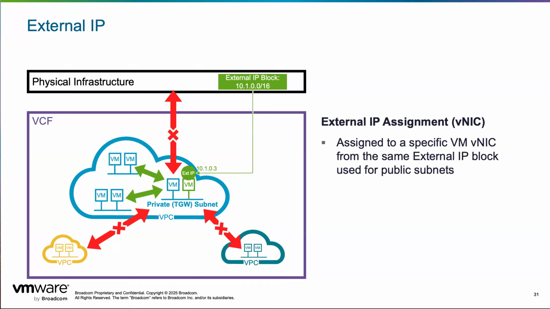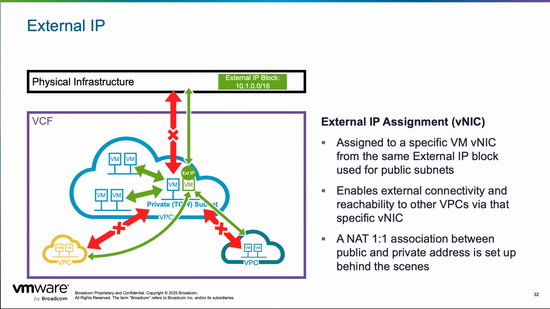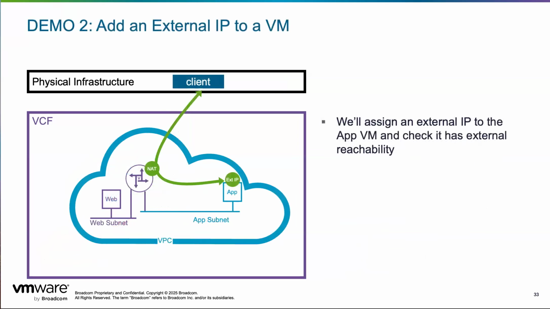Once we do that, there is a specific operation that I'm going to show you later. This virtual machine is assigned an external IP address that is dedicated to this virtual machine, and this virtual machine gains access to everywhere, to the outside world and also to other VPCs inside VCF. So I'm going to show you how this is done.